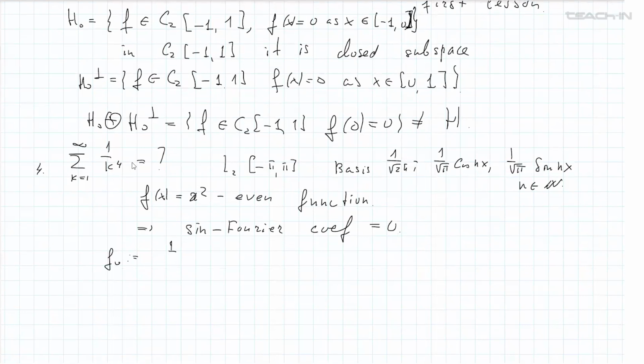It is the Fourier coefficient for the first function, 1 over square root of 2 pi, times the integral of x square, equal to 1 over square root 2 pi, x cube over 3 from 0 to pi, because we have an even function, so it is twice the integral.